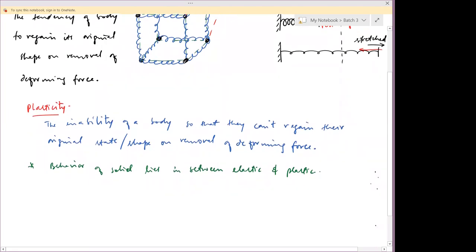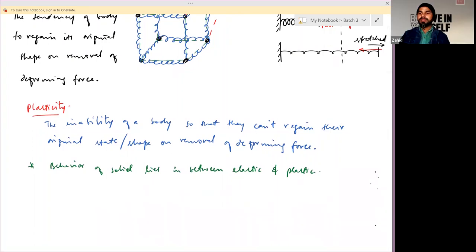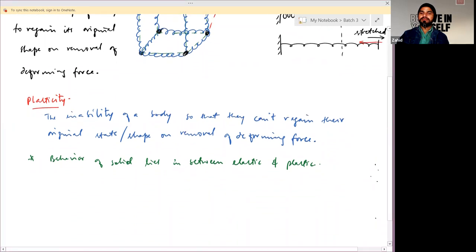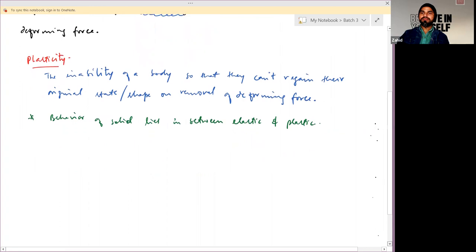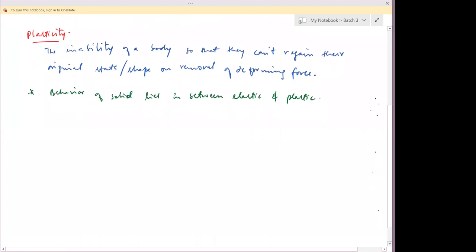Sir, writing plasticity. Okay. Rishan. Done, sir.